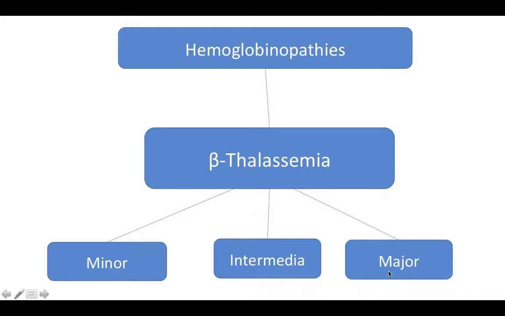And in major, the most severe form, you see all of these manifestations to the highest degree, and these patients often need to be managed with transfusion because their hemoglobin sometimes will fall below 7 or 6, and they'll become symptomatic and will need lifelong transfusions.